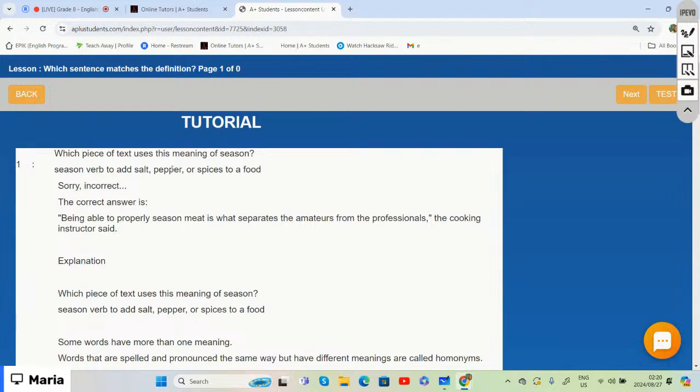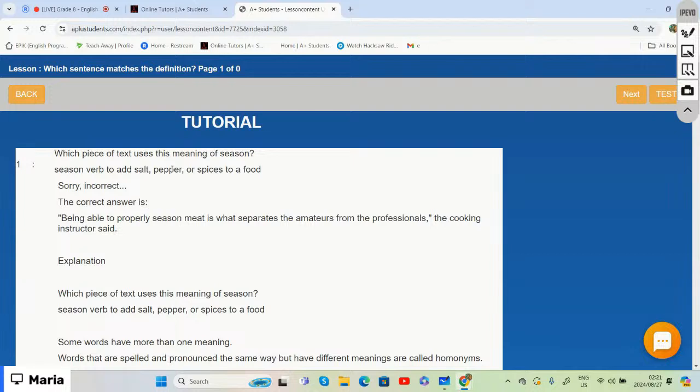We can either use it as a verb, where it is to add salt, pepper, your spices to your food, or season can be your different seasons like summer, winter, autumn, spring, right? So that is season.